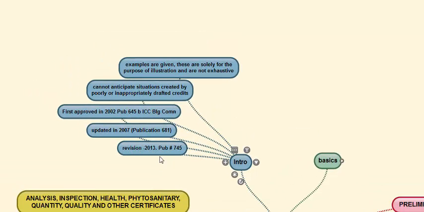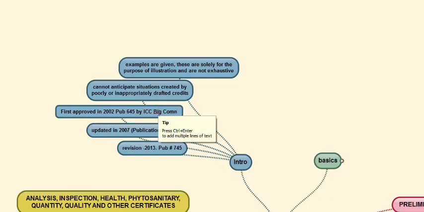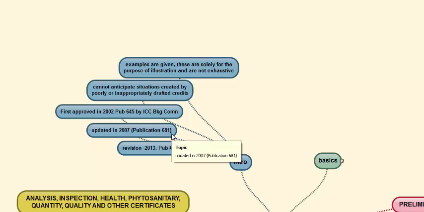this was first published in 2002 as publication number 645, approved by the ICC Banking Commission in 2002. We have a revised or updated version in 2007, called ISBP publication 681.